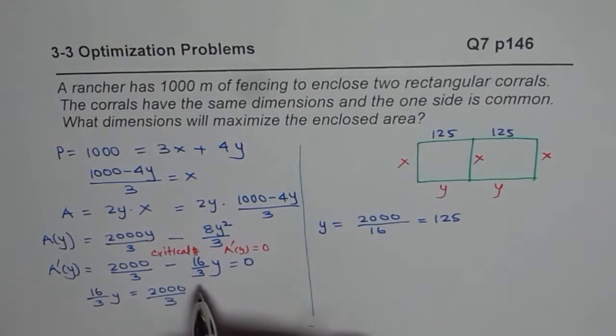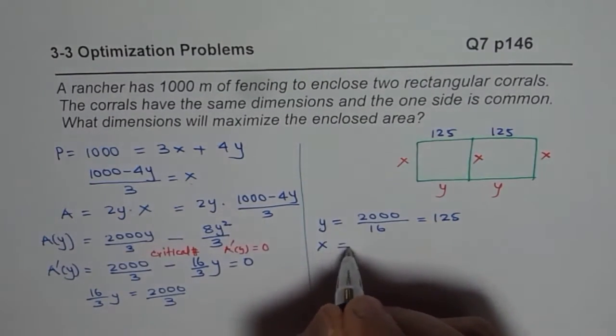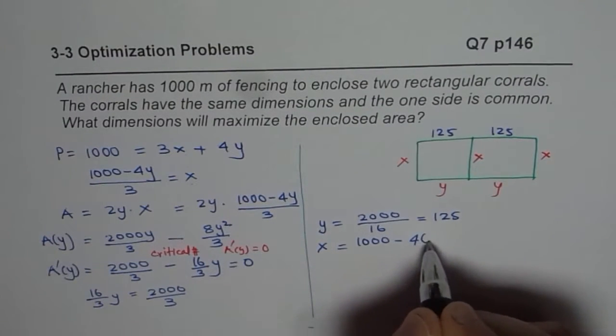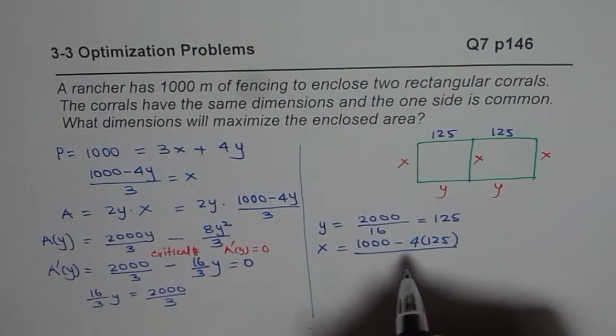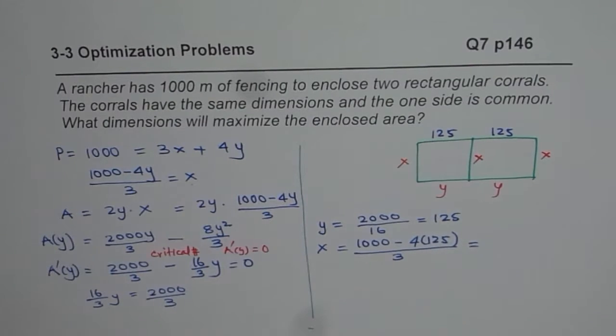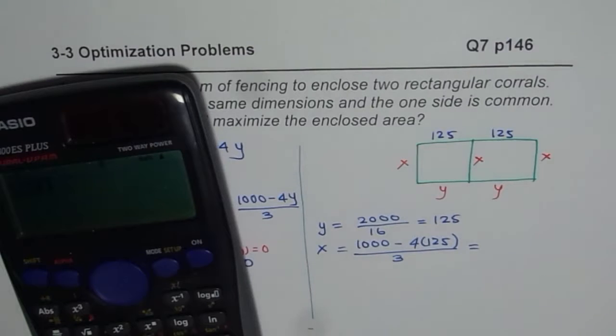As far as the x value is concerned, we can find x from the expression here, which is (1000 minus 4 times 125) divided by 3, right? Let's calculate this also. It is 1000 minus 4 times 125, and then you divide this by 3 to get the answer.